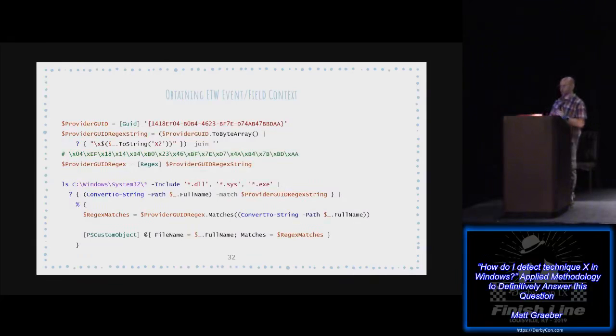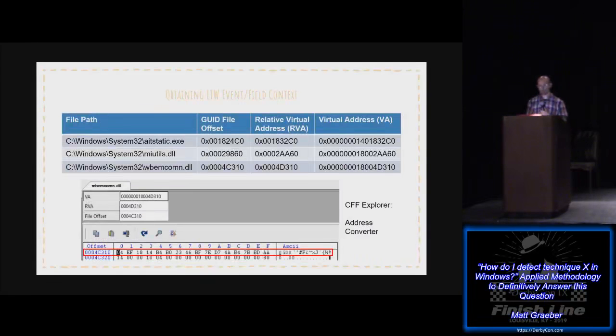So if you search all the binaries in System32 or in C:\Windows, recursing through there, looking for that byte sequence, then what you'll find is the following. And I've got some code to do this. I'll release all the code as well. So here I'm just forming a binary regex to look for that corresponding WMI activity ETW provider. And here's what I came up with.